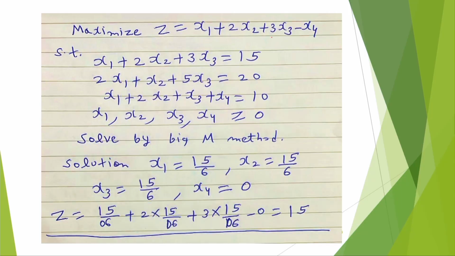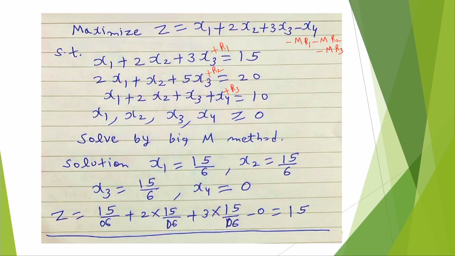That means you have to introduce artificial variables here, plus R1, which will become like a slack variable, plus R2, plus R3. But you have to maximize this, and you may have to say minus MR1 minus MR2 minus MR3, where M is a very big number.